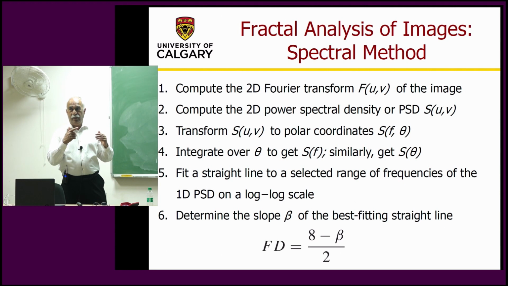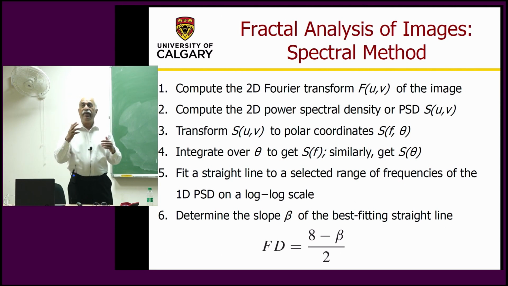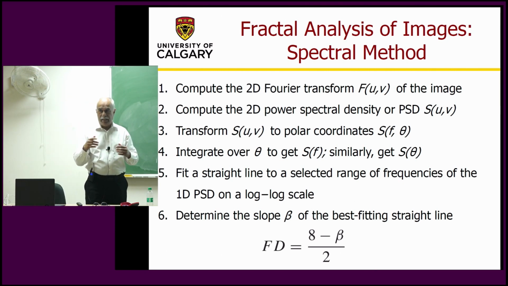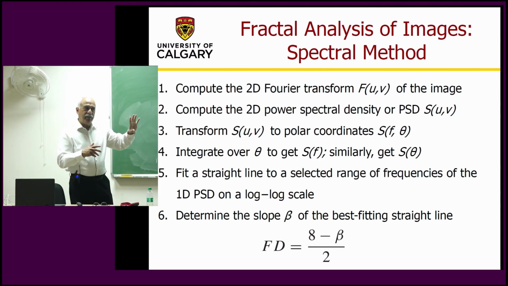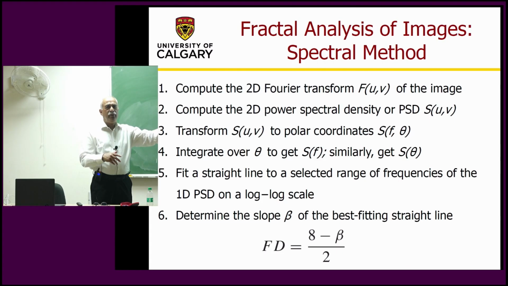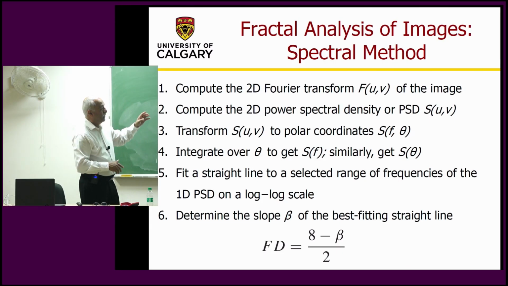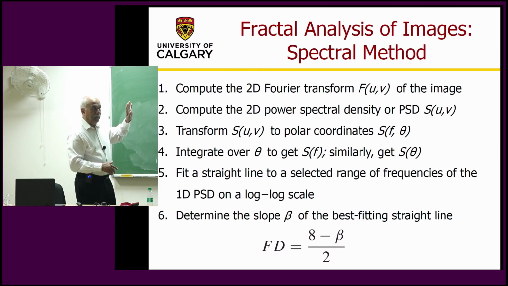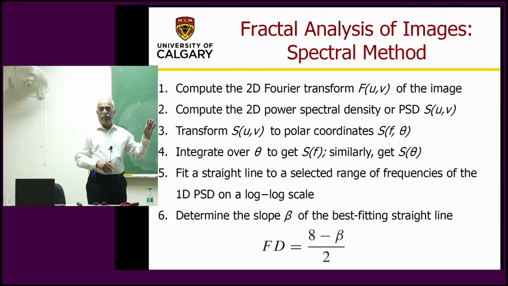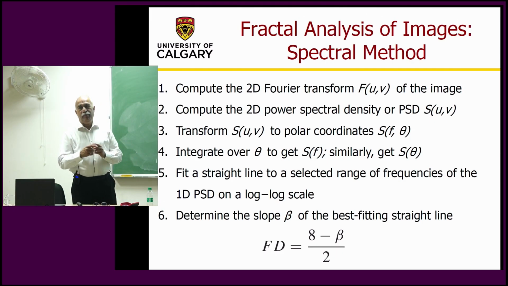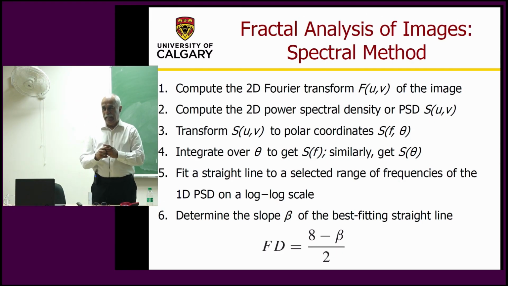I showed how to fit a straight line to the radial frequency power spectral density, which is a 1D function for a 2D image. The angle distribution is different, and we quantified using other parameters for architectural distortion. Here, the fractal dimension of the image is related to the slope of the 1D radial frequency power spectral density.